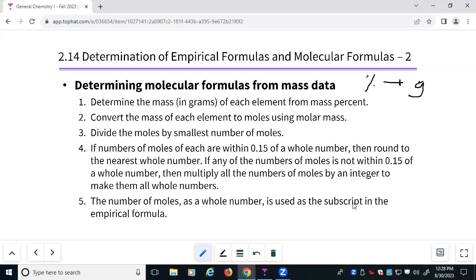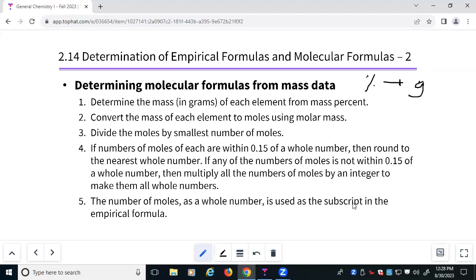So if I'm told that I have something that's 24.5% oxygen, when I go to do the calculations here, I turn that 24.5% into 24.5 grams. And then from there, now I've got grams, I can turn grams into moles easy. And that's what the second step is.